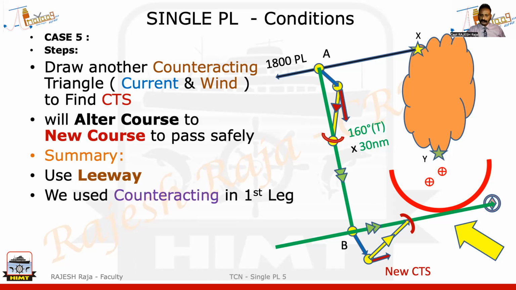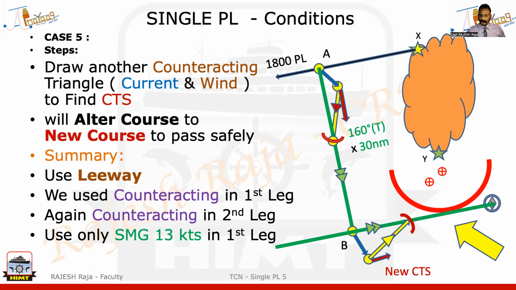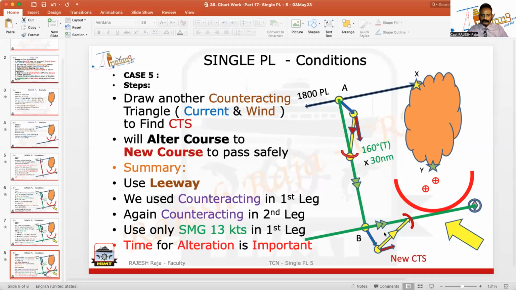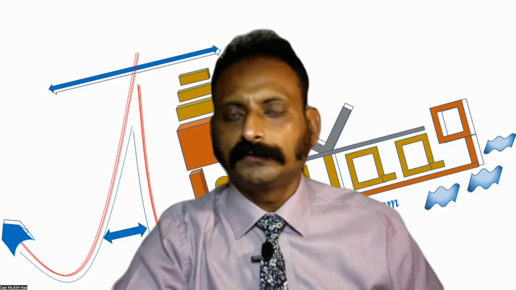In any case, I used the counteracting method in the first leg and counteracting in the second leg, and then please be careful to use only SMG as 13 knots, which was found from the first triangle, for your time of alteration. So this is the last case of single PL, and I'm done with the single PL concept. I tried to make it short, and I hope that was useful for you.